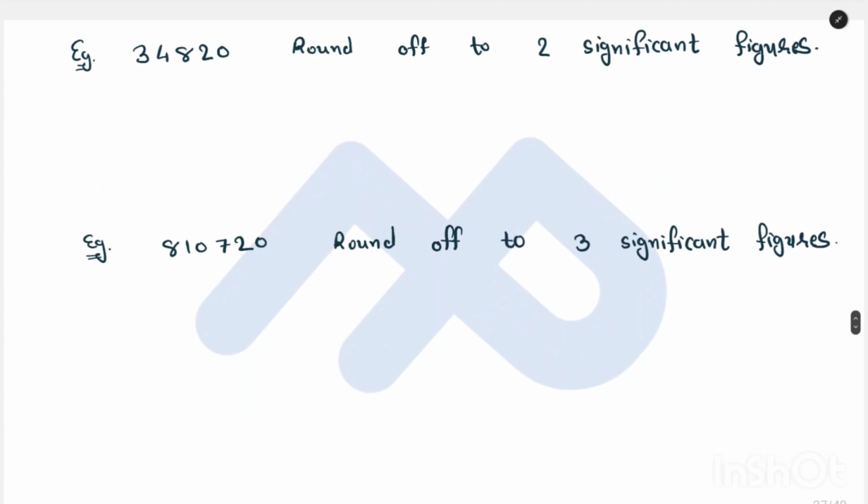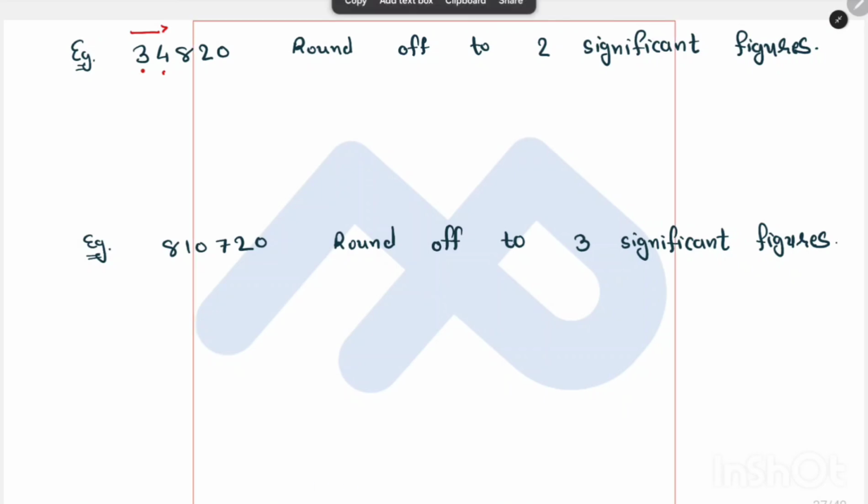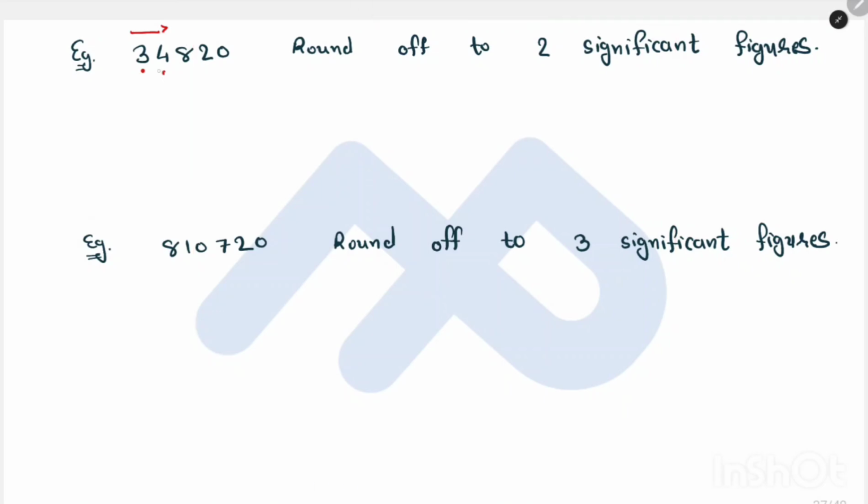See some questions. 34,820, round off to 2 significant figures. For significant figures, we always start counting from the left hand side. So this is the first significant figure because it's non-zero. 4 is another significant figure because it's non-zero. Other than that, we don't want them to be significant, so we'll write them as zeros, but you'll have to check this 8.